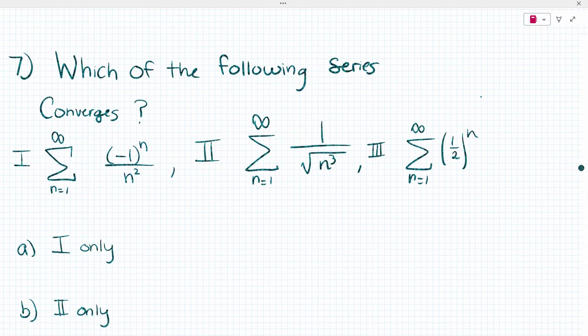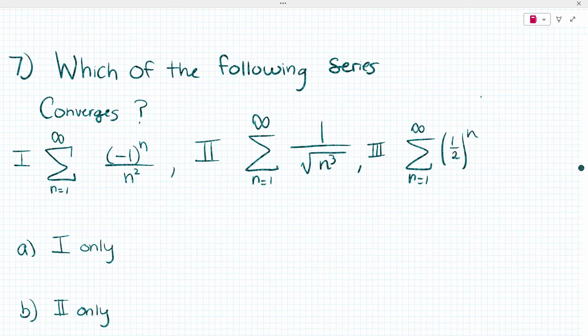Someone asks which of the following series converges. Is it Roman numeral 1, the summation from n equals 1 to infinity of negative 1 raised to n over n squared? Is it Roman numeral 2, the summation from n equals 1 to infinity of 1 over the square root of n cubed? Or is it Roman numeral 3, the summation from n equals 1 to infinity of 1 half raised to the n?